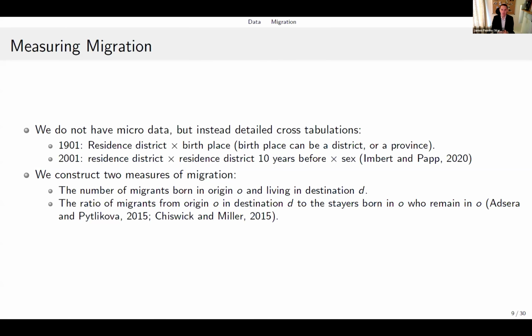The second is going to be something that you see in the migration literature, which is the ratio of migrants to stayers. If you know the number of migrants who go from O to D, that's in the numerator. If you know the number of people in O who stay in O, that's in the denominator.